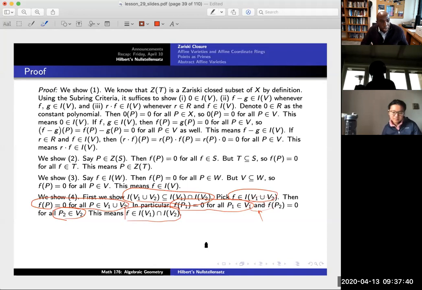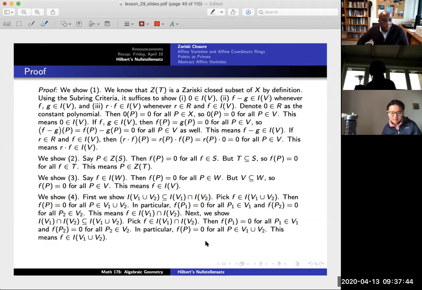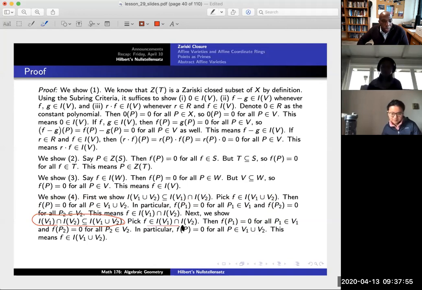Now let's do the other direction, and it's almost exactly the same proof. It's really nothing different. Now I want to show that I of the intersection is contained in I of the union. So let's pick a function that's in the intersection. Of course, what that means now is that it has to be 0 for everything in V1, and it's 0 for everything in V2.